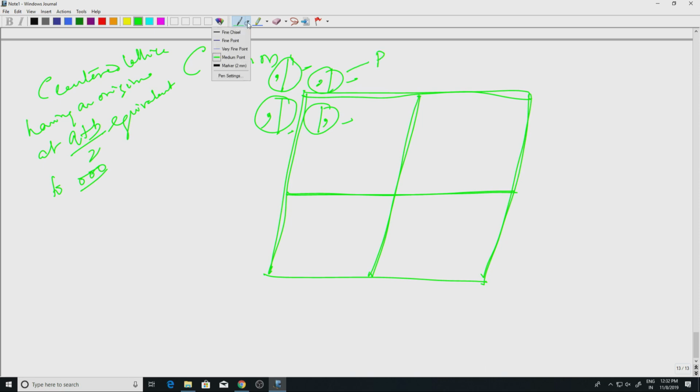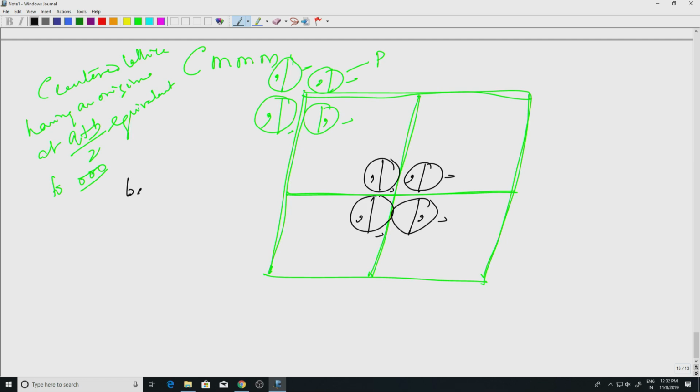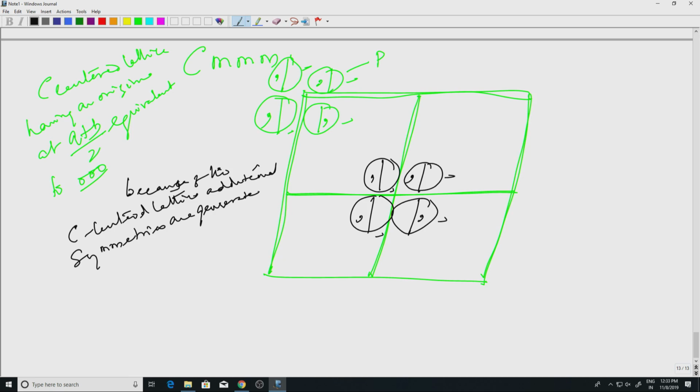Now we can see that because of the C-centered lattice, additional symmetries are generated.